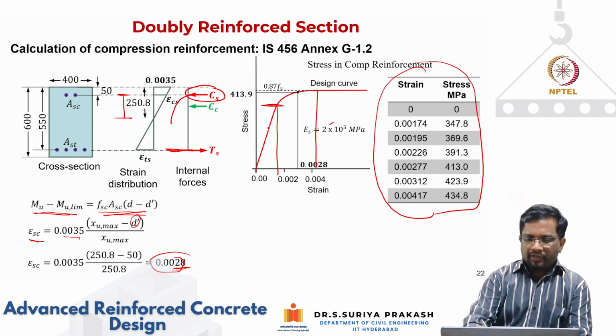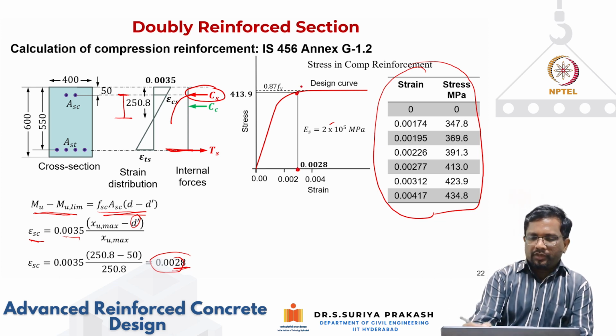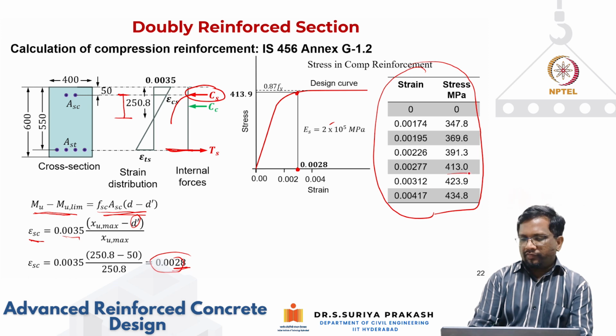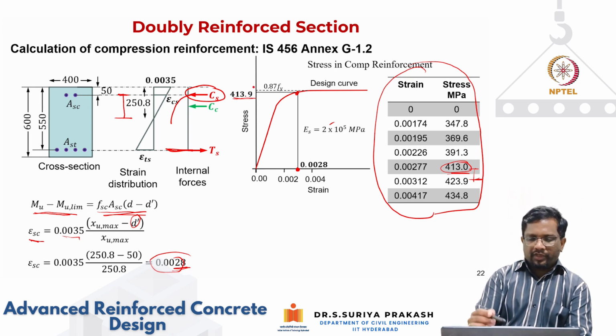So for this, the stress works out to be somewhere in between. It is very close to this point, because 0.00277 is 430. For 0.0028, which is slightly higher than that, it will be 413.9.